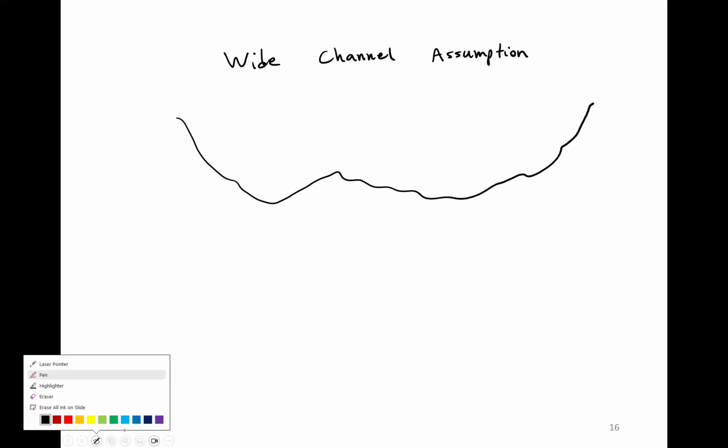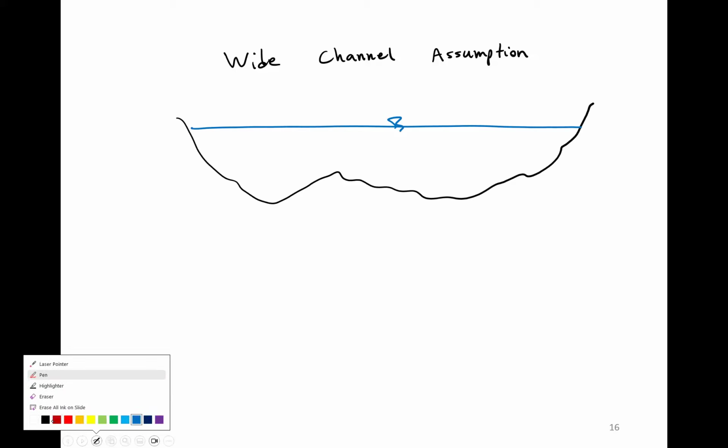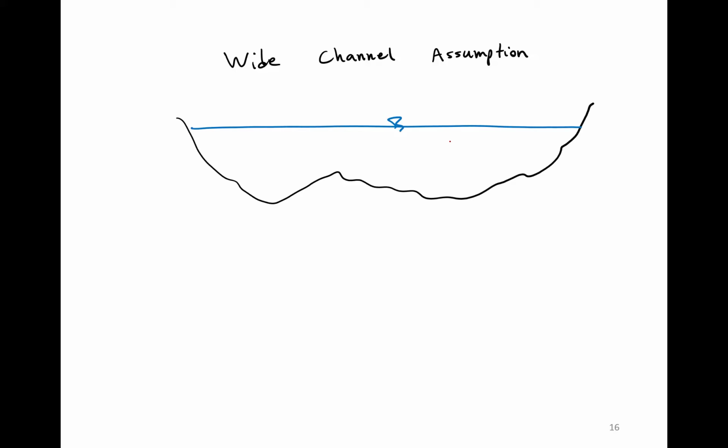And the water level is up here. Luckily, most of them are pretty wide, meaning that the impacts of the side walls are minimal. So if you look at the irregular channel that we have here, depth might be something like this, and it changes from one side to another. The top width is B, and it's pretty wide.